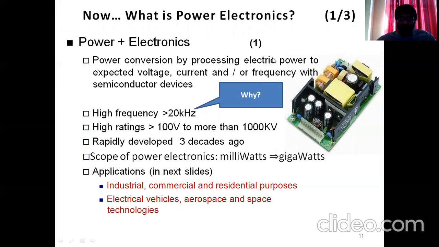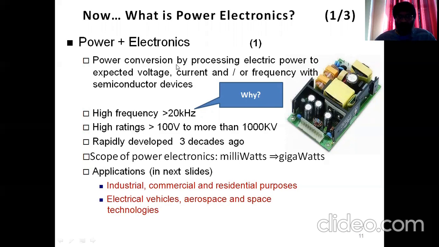I'll be giving you a few definitions of power electronics. Several people have defined power electronics in different manners. There is no standard definition yet for power electronics, but I have picked up about 5 definitions, so I'll be giving you about 5 definitions over here.